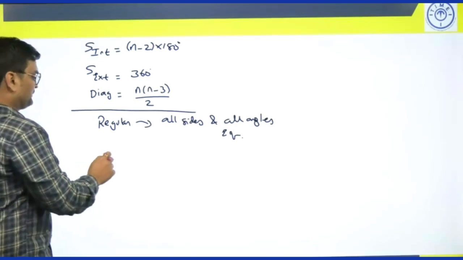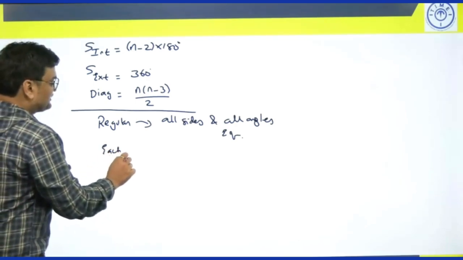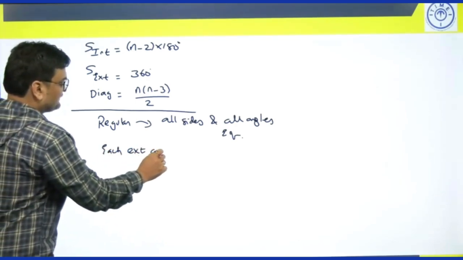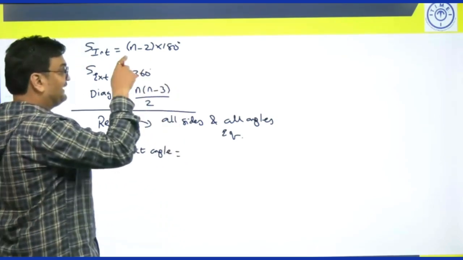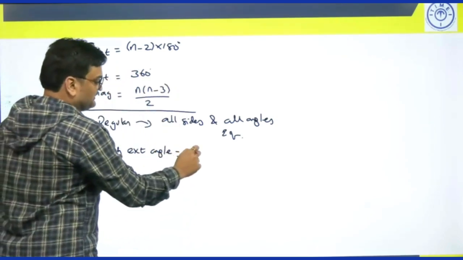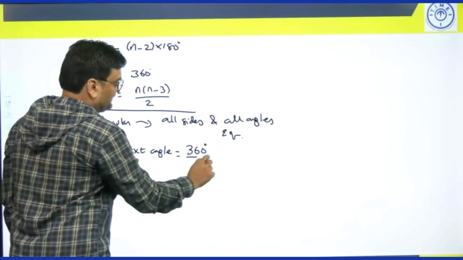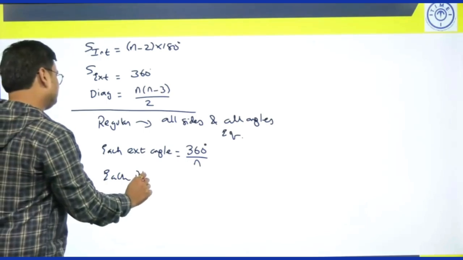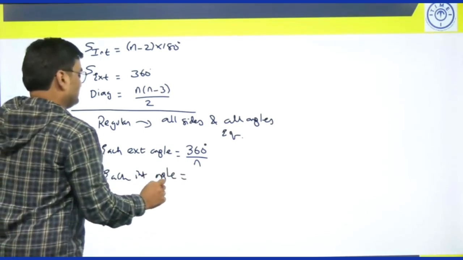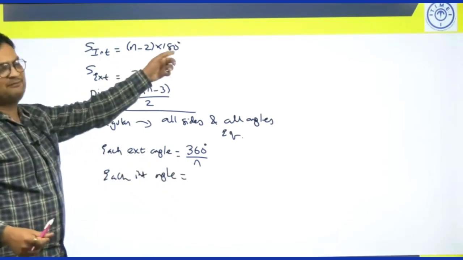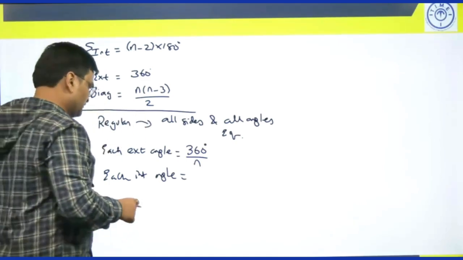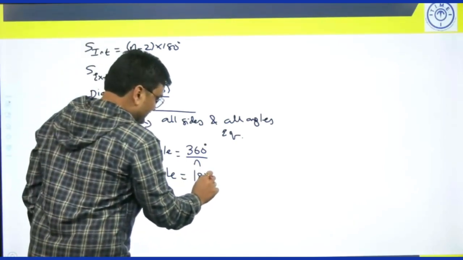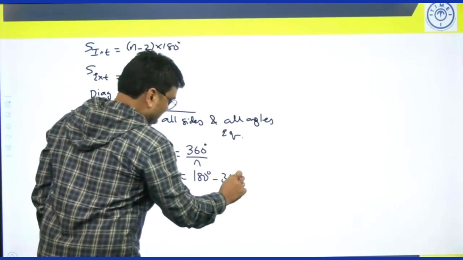So in case of a regular polygon, what will be each exterior angle? The overall sum of n different angles is 360, so each exterior angle will be 360 by n. Similarly, each interior angle will be nothing but the overall sum by n, or we may also write it as 180 degrees minus 360 by n.